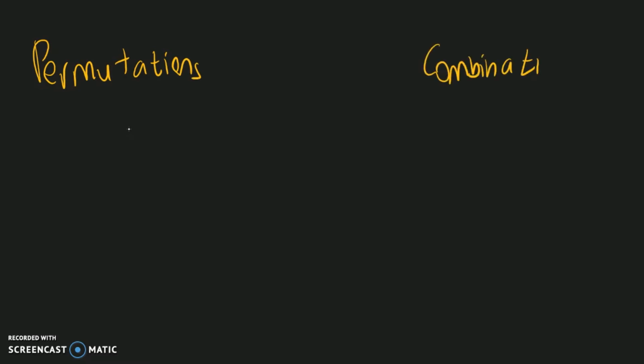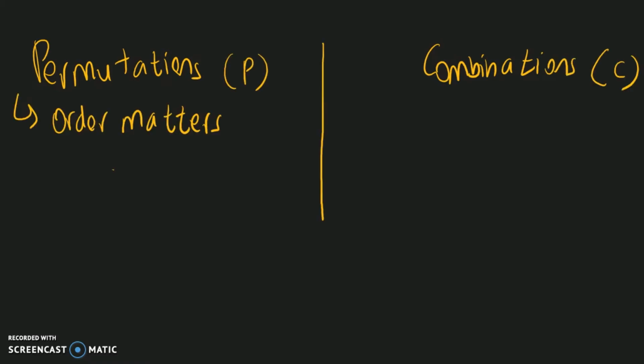Okay, and these come under two terms. One is permutations, and the other is combinations. So permutations are an arrangement. Consider we have three letters A, B, and C, and how many possible ways can they be arranged?